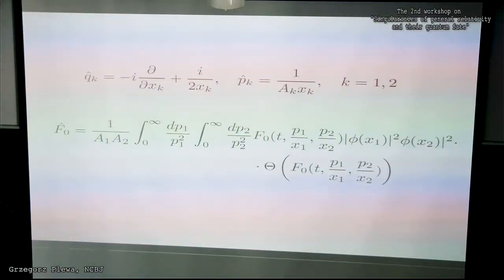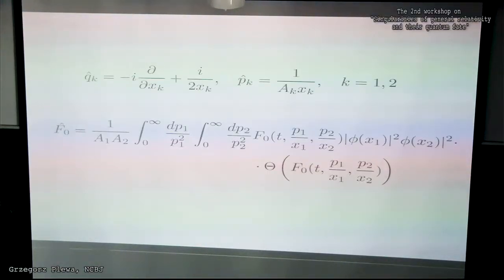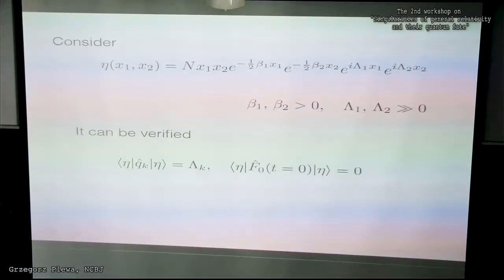For the record, I presented the operators under consideration. As we see, Q is a little bit more complicated than P, and F0 is also given in this form with a Heaviside step function.